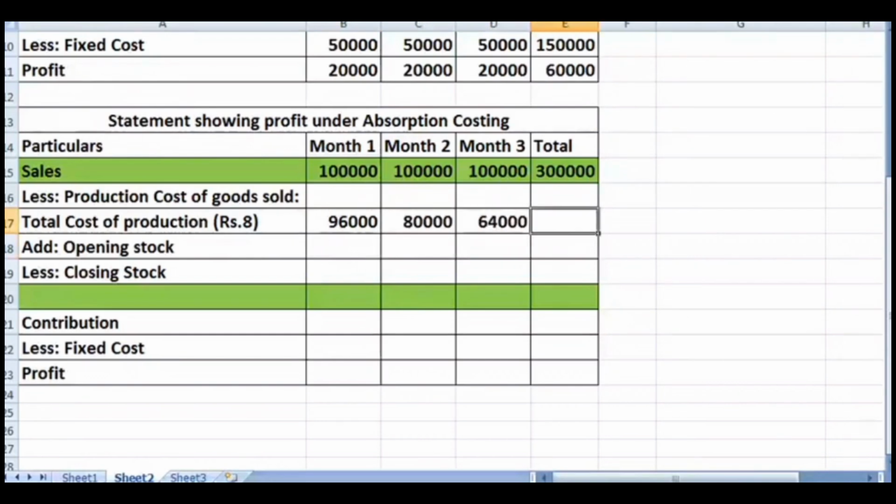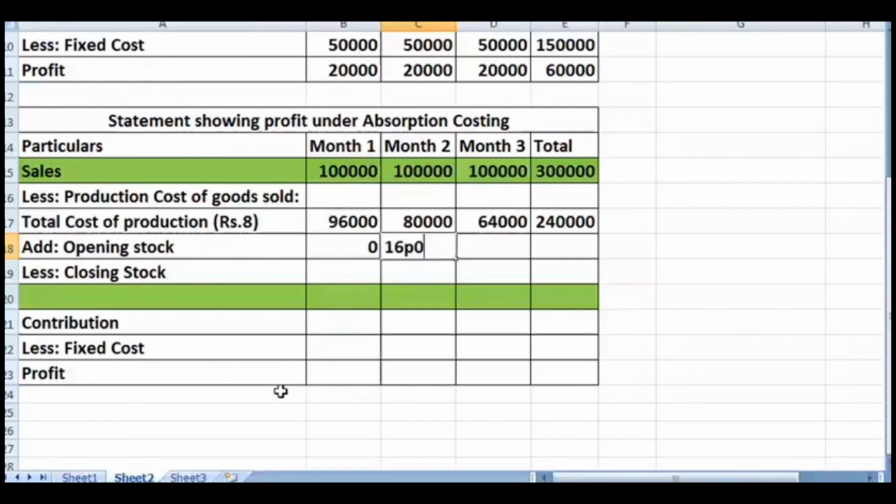And total: 96 plus 80 plus 64 is 2,40,000. Opening stock. First is 0. Second is 2,000 into 8, 16,000.